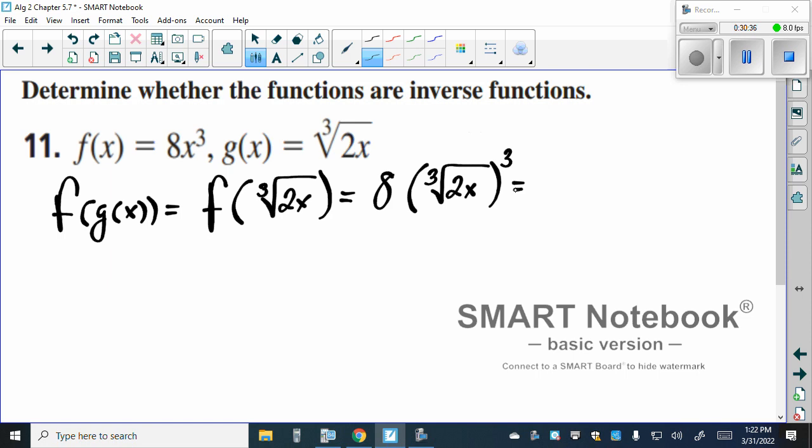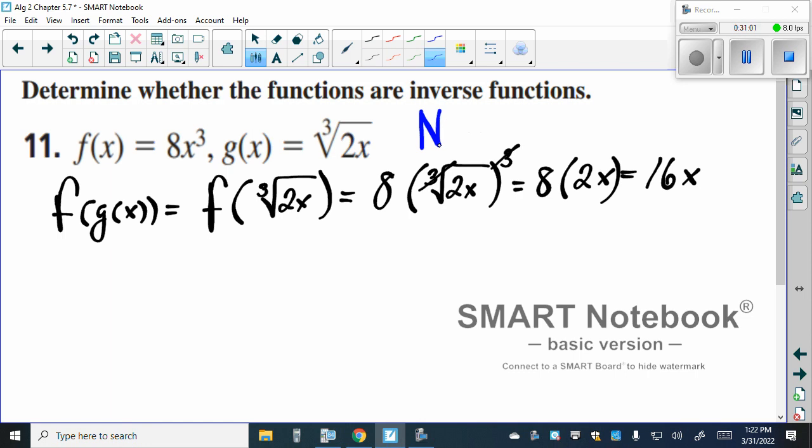Now luckily for us, the cubed root and third power will cancel each other out. There's only one term in there, and it's just that cubed root, so it simplifies out completely, telling us that we have 8 times 2x. And 8 times 2x is, is that what we wanted? No. So are these inverses?